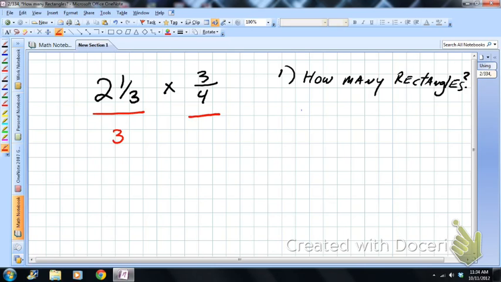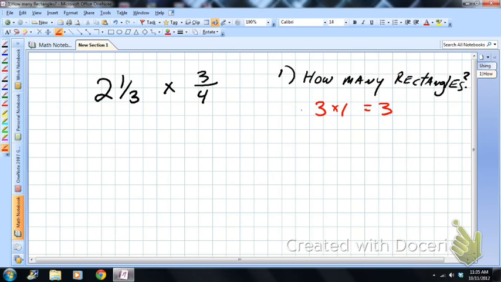The first whole number that's larger than 3/4 is 1. If we multiply those two numbers together, 3 times 1 gives us 3. So that tells me I'm going to need 3 rectangles.